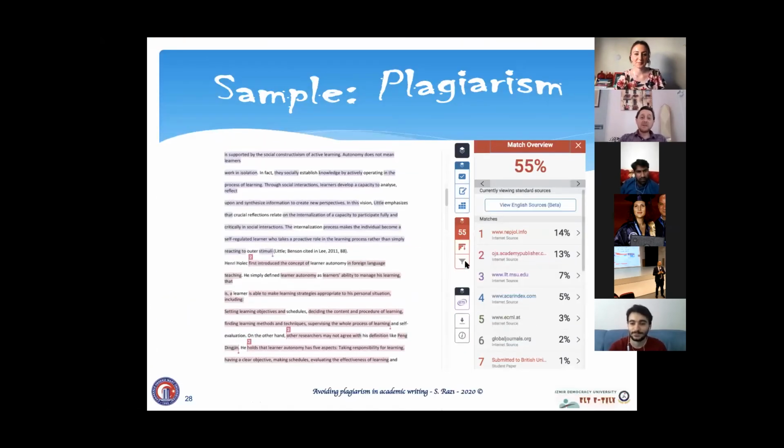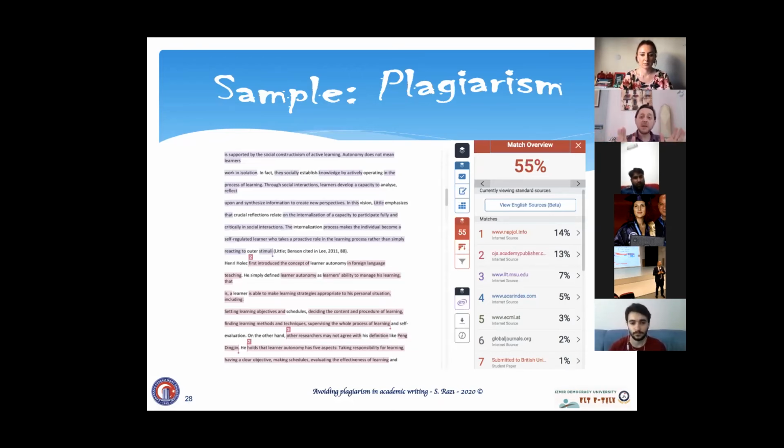Be careful, the similarity index might be misleading, and I see that many students simply depend on the numbers here. For example, once we check the ratio here, Turnitin says that 55% of this assignment matches with other sources.